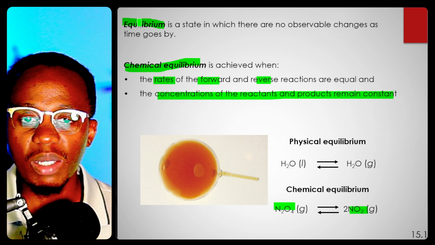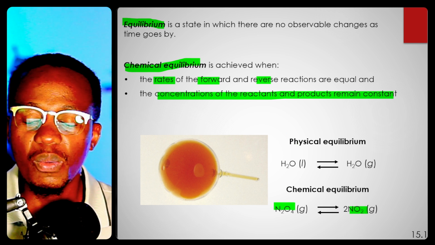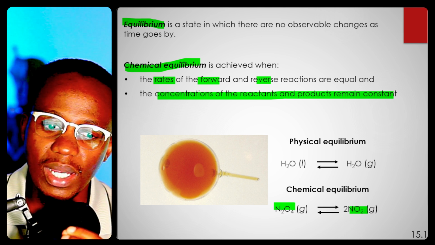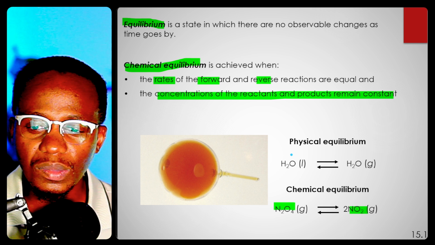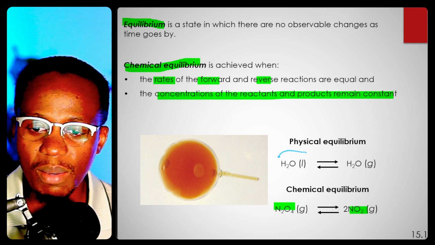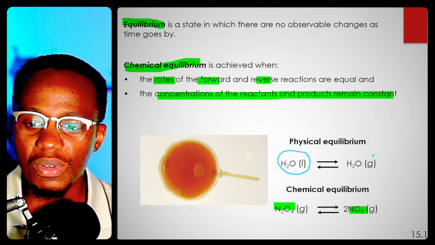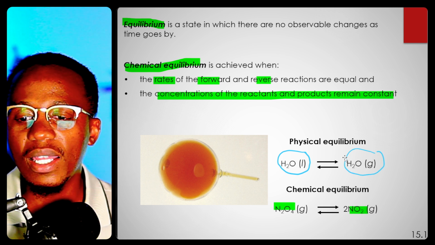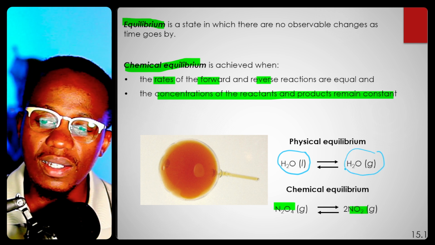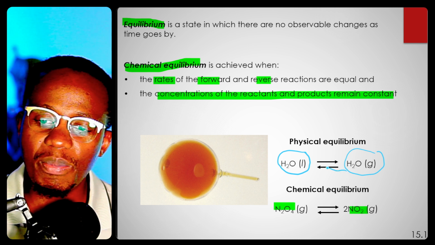A physical equilibrium is when, so we are reaching an equilibrium, right? However, we are not changing the chemistry. So H2O may be coming from liquid to gas in a container, and then if the conditions are right, the gas can also be going back to liquid.